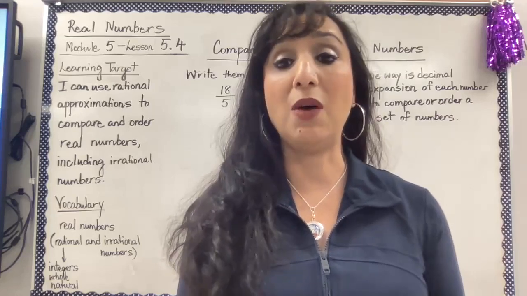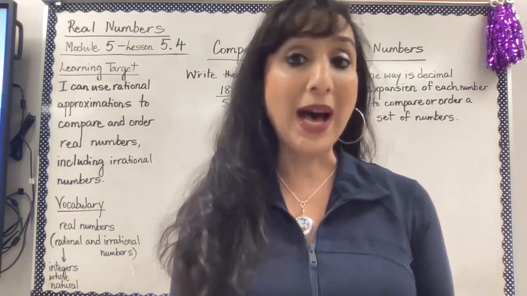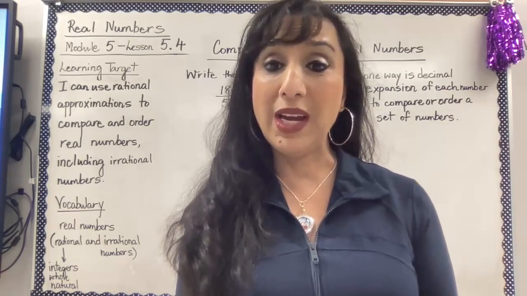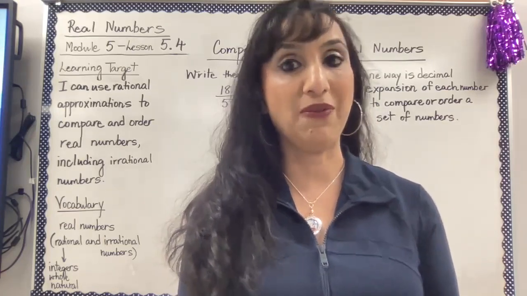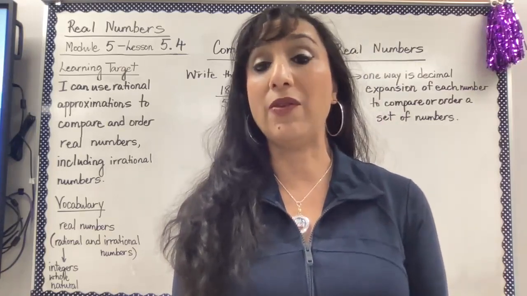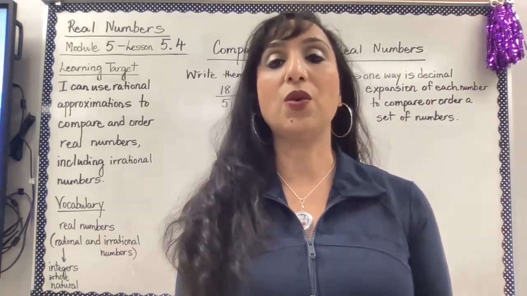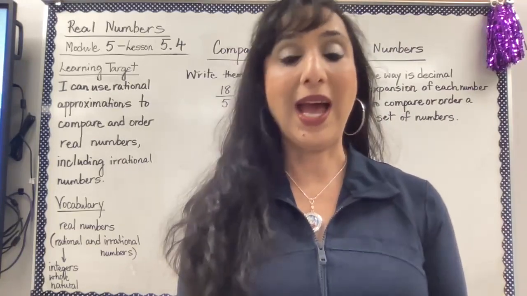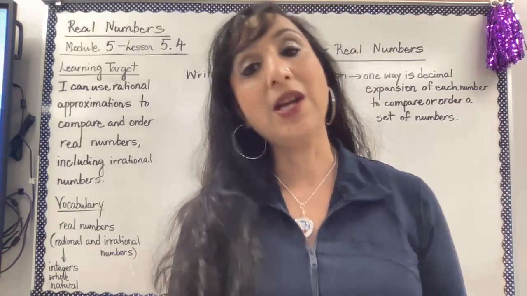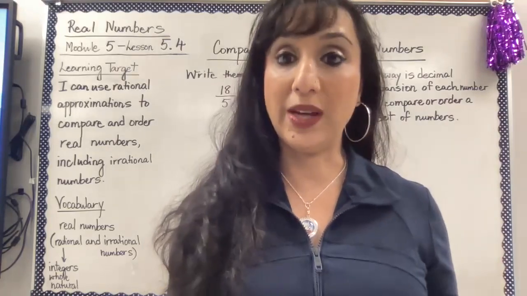Irrational numbers would be like pi, the square root of 3, numbers which are not perfect squares, like the square root of 7, etc. Both rational and irrational numbers together comprise your real numbers.